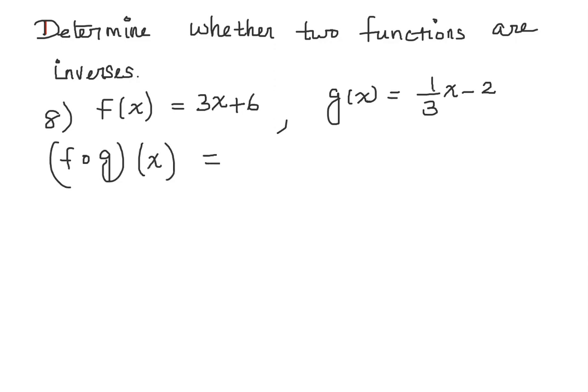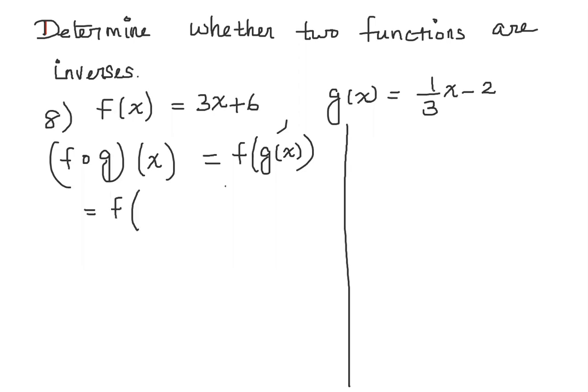By the definition of composition, it's going to be f of g of x. What that means is we have to plug the whole g of x into f of x. So f of, plug in the whole g of x. g of x is 1/3 x - 2.